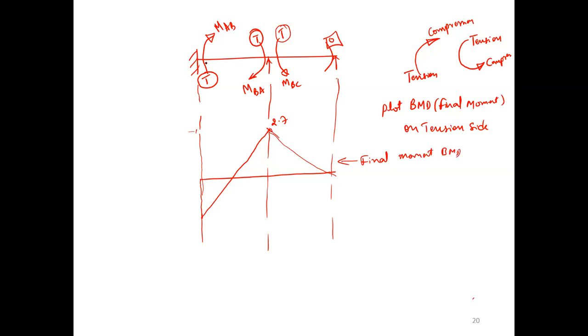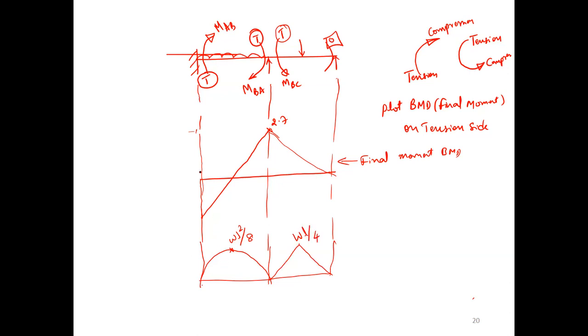With addition to this, you are having UDL and point load. For UDL, it is parabolic. What is the value? WL square by 8. For point load at exactly center, this is a triangle, WL by 4.